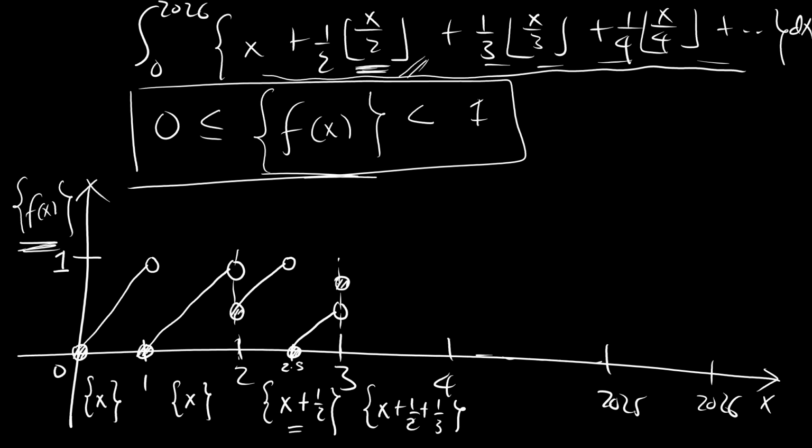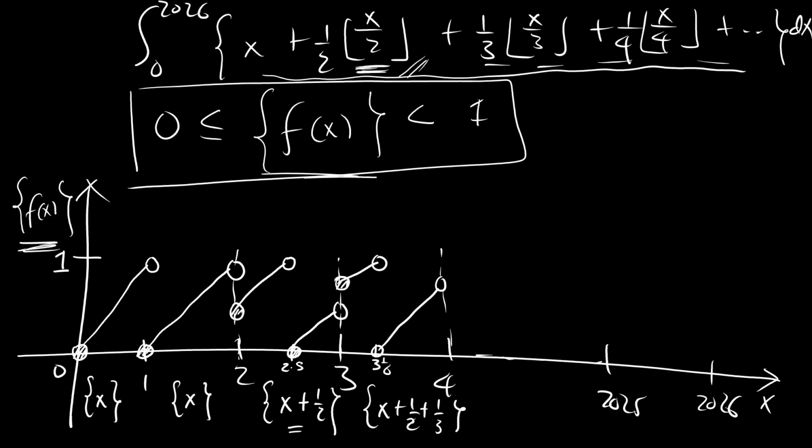And then at 1 over 6 past 3, this increases up to 1, and then it collapses back to 0. And at 4, it rises back up to there. And so we assume that is going to be the case for succeeding intervals.